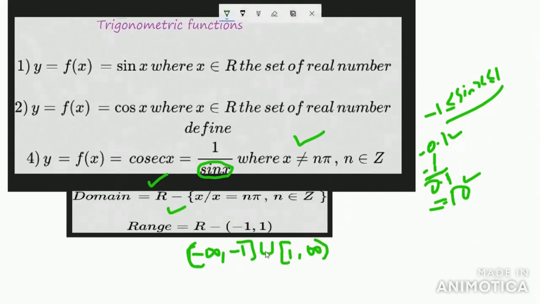Here you have to take all the real numbers from minus infinity to minus 1 and 1 to infinity. And cosec x can be 1, because sin 90 degrees, that is sin pi by 2, is equal to 1. Therefore, cosec pi by 2 is also the reciprocal of 1, which is 1, and it will take the value 1 also.